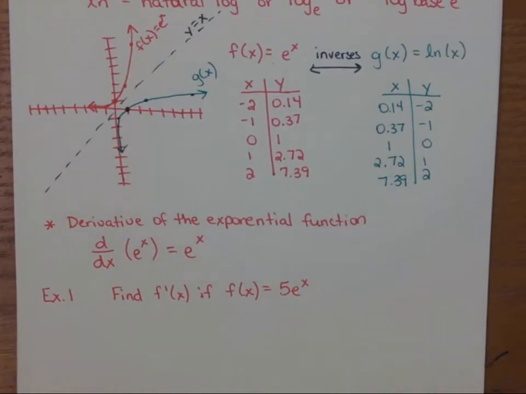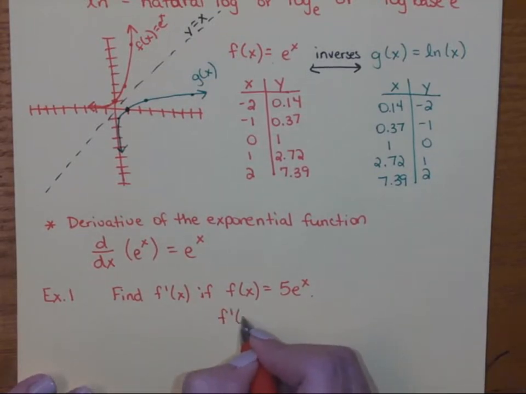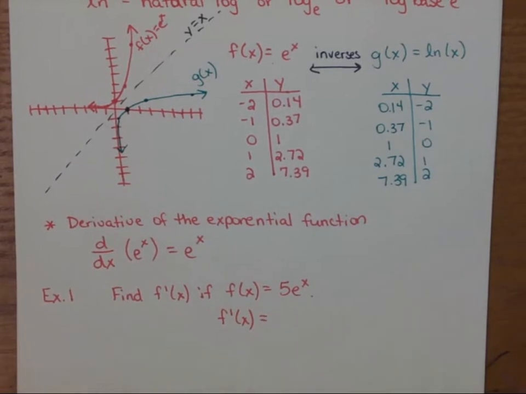So let's say that I told you to find the derivative, and notice that's what this means, right? Find the derivative if f of x is equal to 5e^x. Okay, so anytime you have a constant being multiplied, remember you just bring that down. And then, interestingly enough, the derivative of e to the x is just itself.